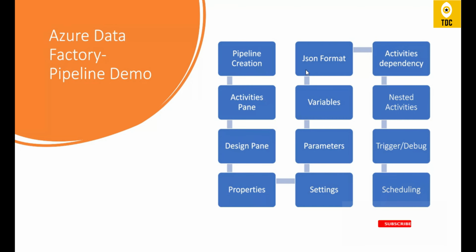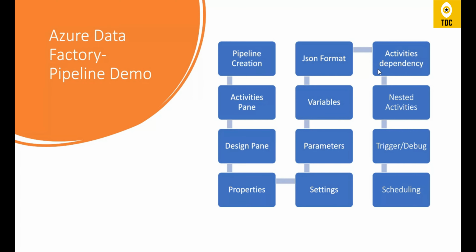Basically, whatever Azure Data Factory pipelines we are creating will be stored in JSON format. We will see how it is actually stored in JSON format and what the benefit of storing it in JSON format is, especially for CI/CD or deployment purposes. And there are activity dependencies, like how we can create a dependency between activities.